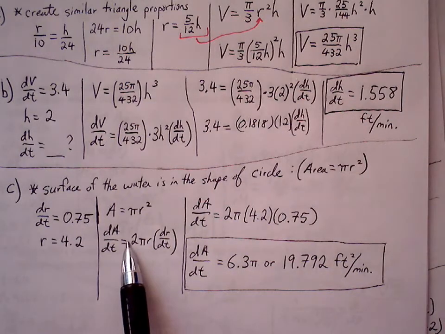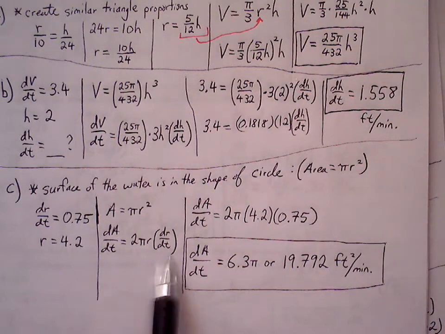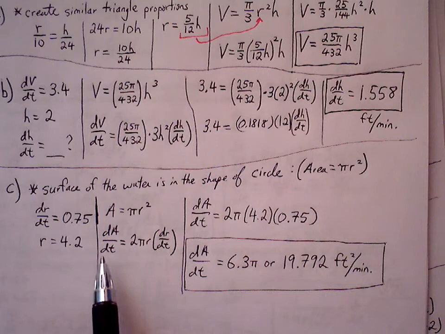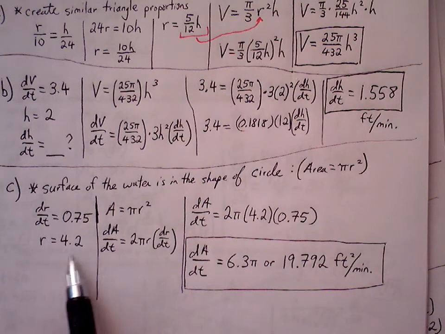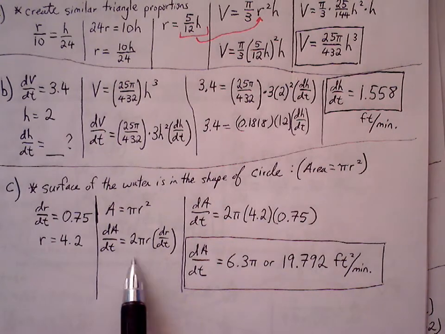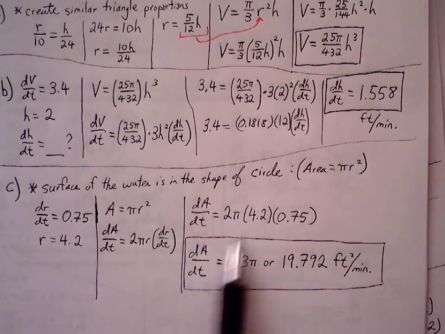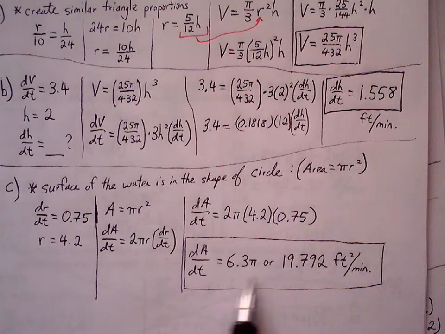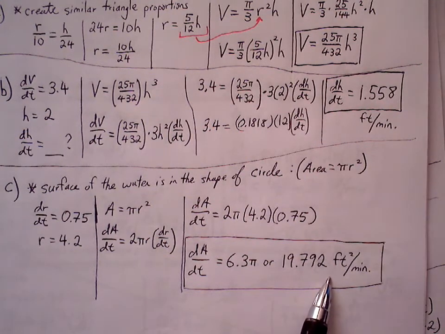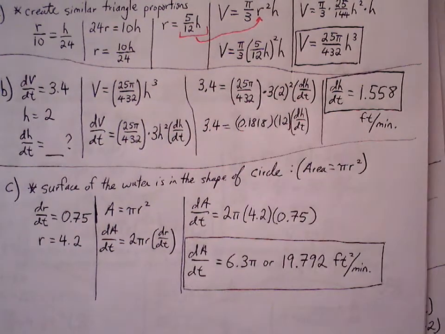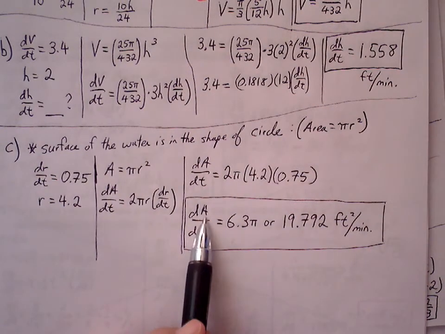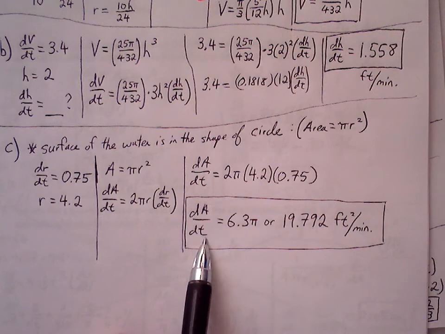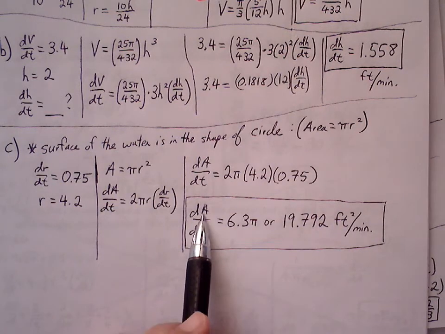Now we can plug information in. dr dt gets replaced with 0.75. R gets replaced with 4.2. Clean this up, and we get 6.3 pi, or 19.792. Now let's think about the units of measure. Area is a two-dimensional unit, so square feet. And then t is minutes, so square feet per minute.